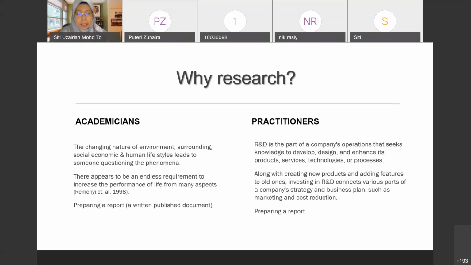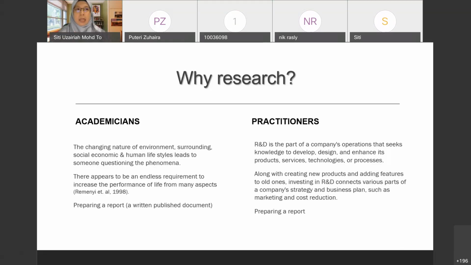Maybe the only slight difference is, since academicians do not actively practice the profession, we gain our knowledge through reading, through the literature that we read, from books and journal papers, while practitioners get the information through the practice that they do, through on-the-job training.